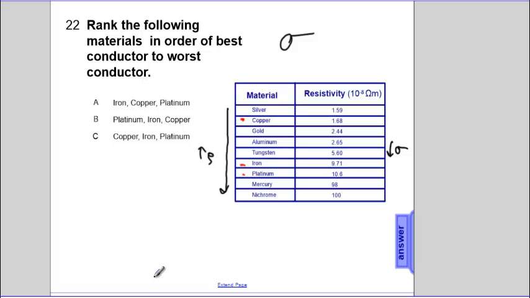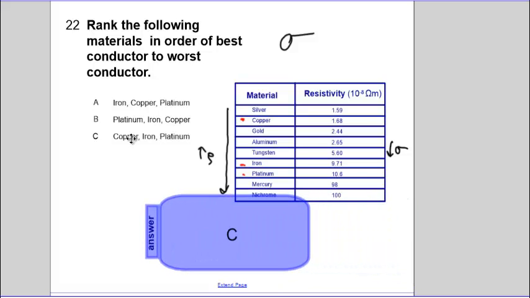And the answer, according to our data table and our conclusions, will be C. So copper has a low resistivity, and platinum has a high resistivity.